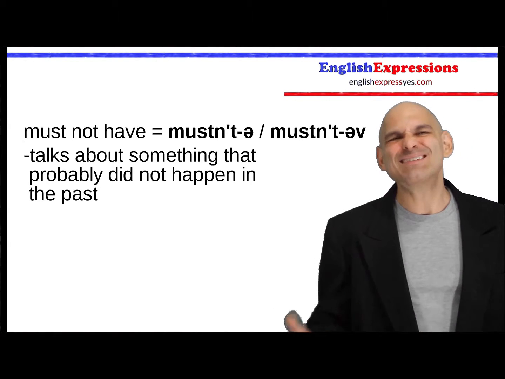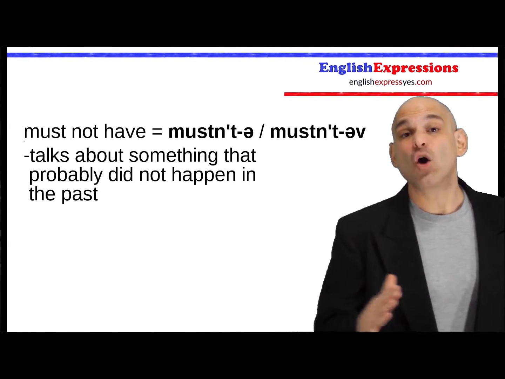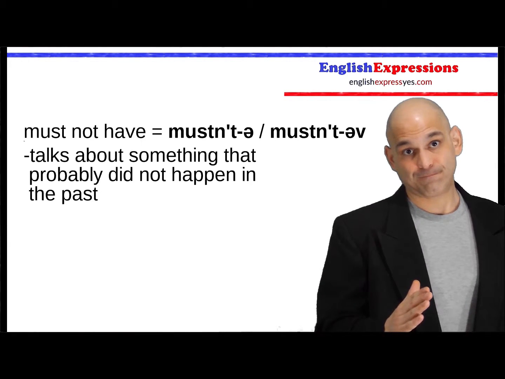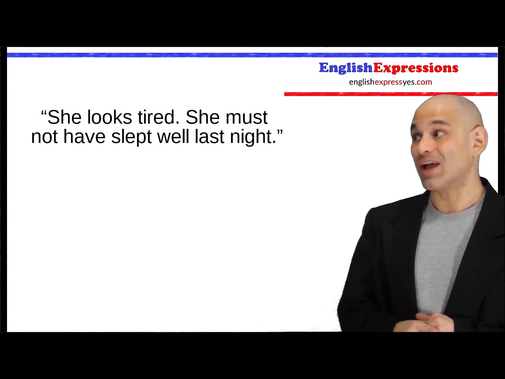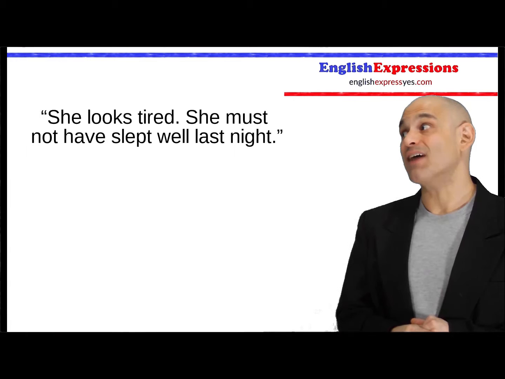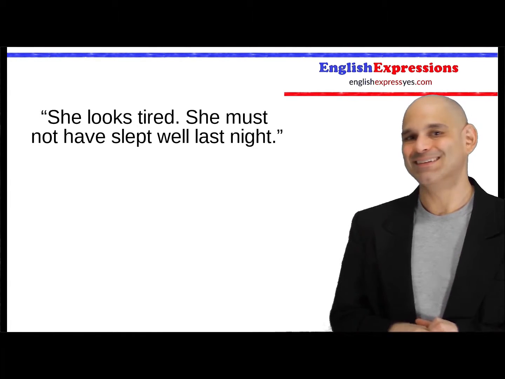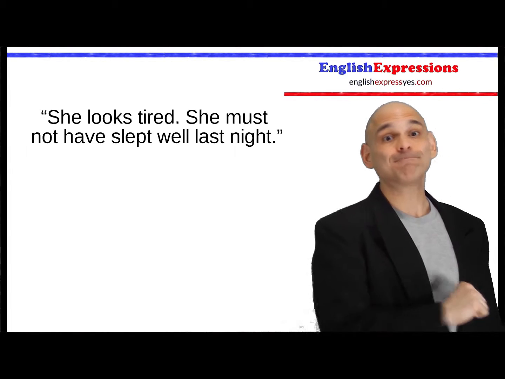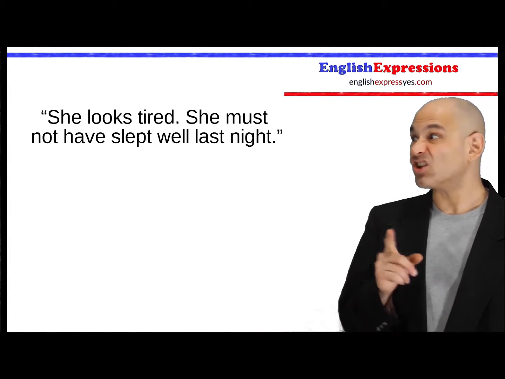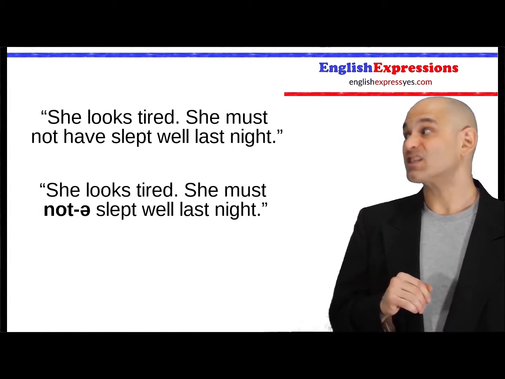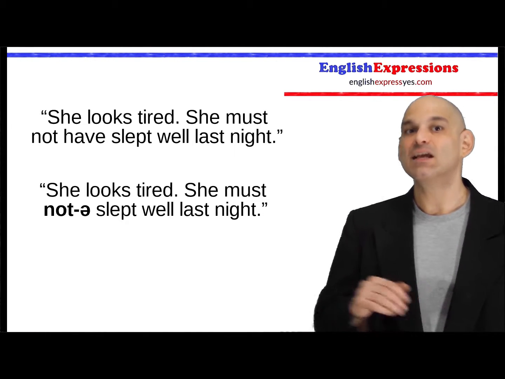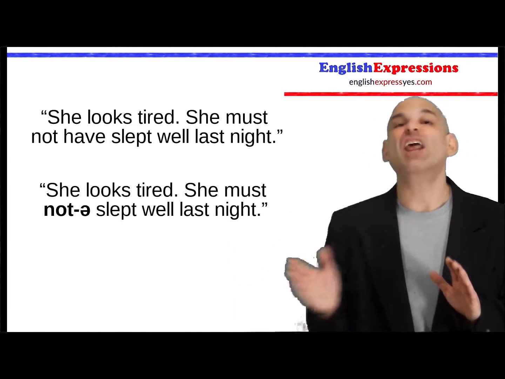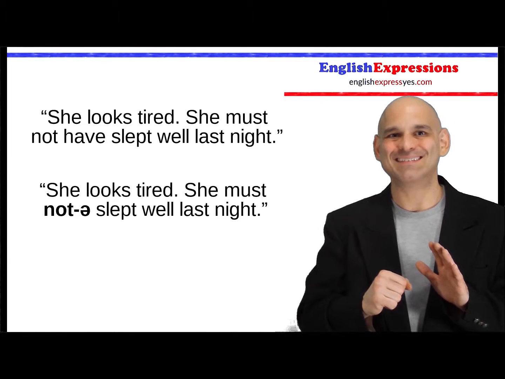But usually we would say must nota or must not have. Oh, she looks tired. She must not have slept well last night. Native English speaker would not say that. A native English speaker would say, oh, she looks tired. She must not have slept well last night. She must nota. Must nota.